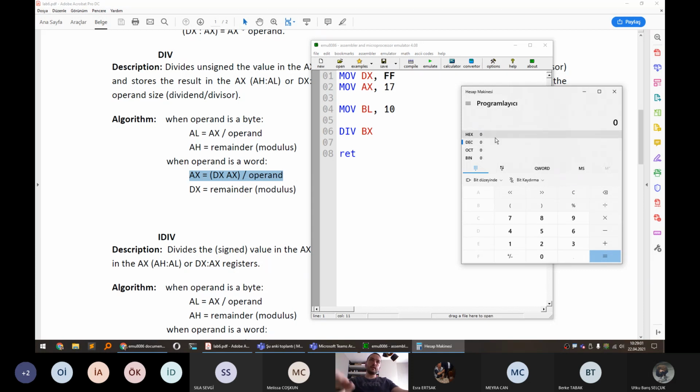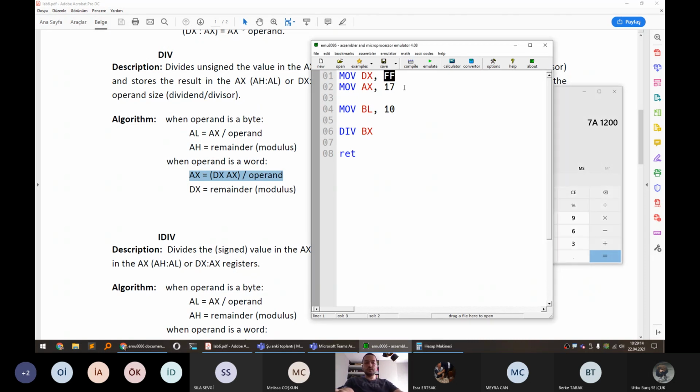Okay. Now I need 8 million. This is 8 million, 7A1200H. Okay, I'm going to put this 7A part into DX. You can use 007AH or 7AH, it doesn't matter.